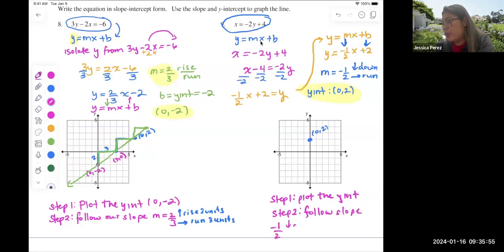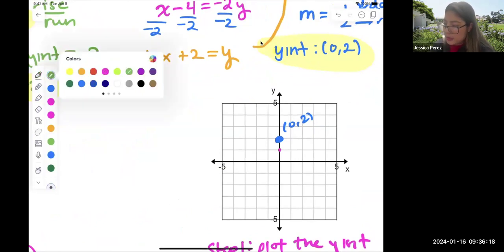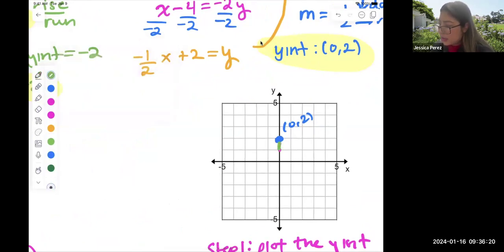That means you're going to go down 1 unit because it's negative. So I'll go down 1, run 2. There's my point. That point corresponds to 2, 1.